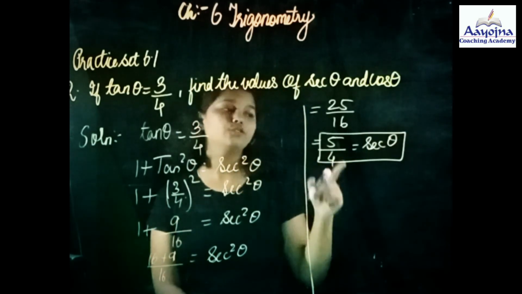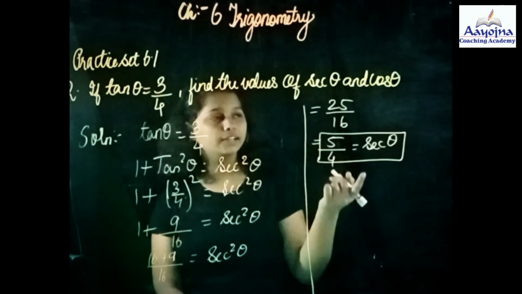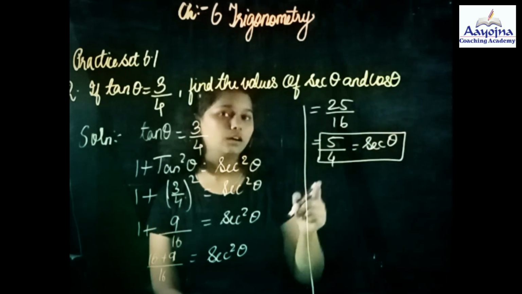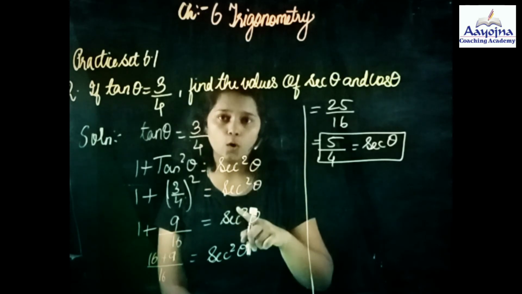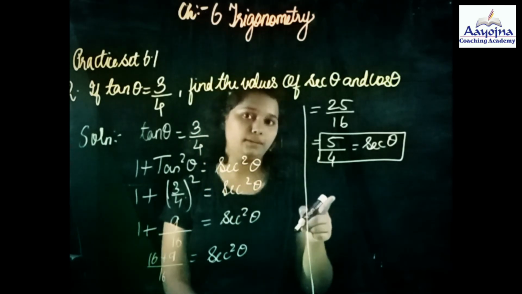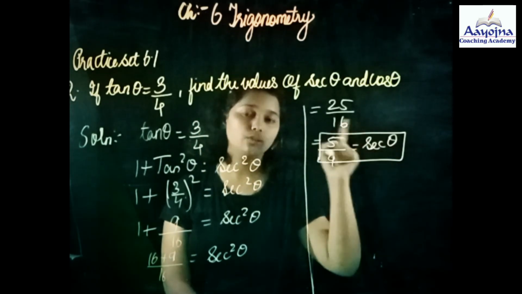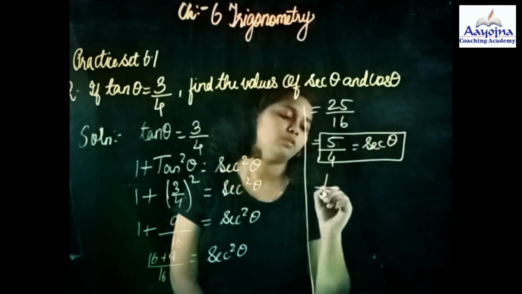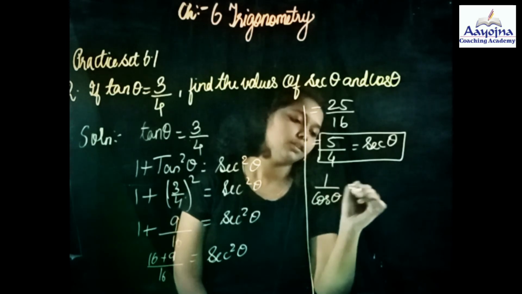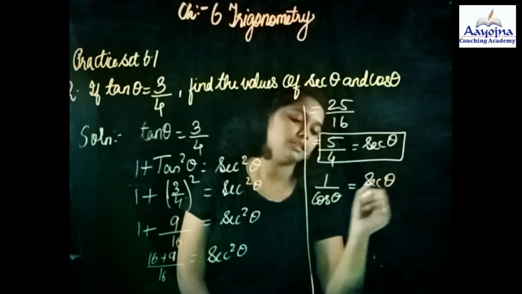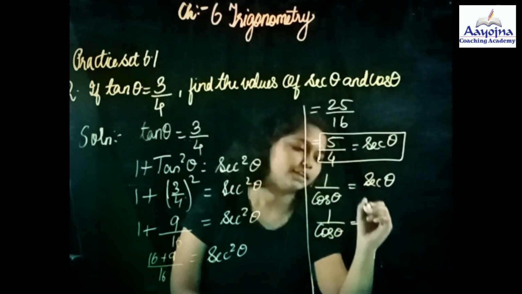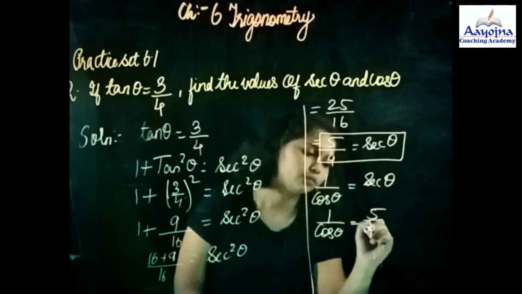Now we got the value for sec theta. Now we have to find which identity we will use so that we will find cos theta. If you remember, 1 upon cos theta is equal to sec theta. Here we have sec theta, we are asked to find cos theta, so we can use that identity over here. 1 upon cos theta is equal to sec theta, which is 5 upon 4.